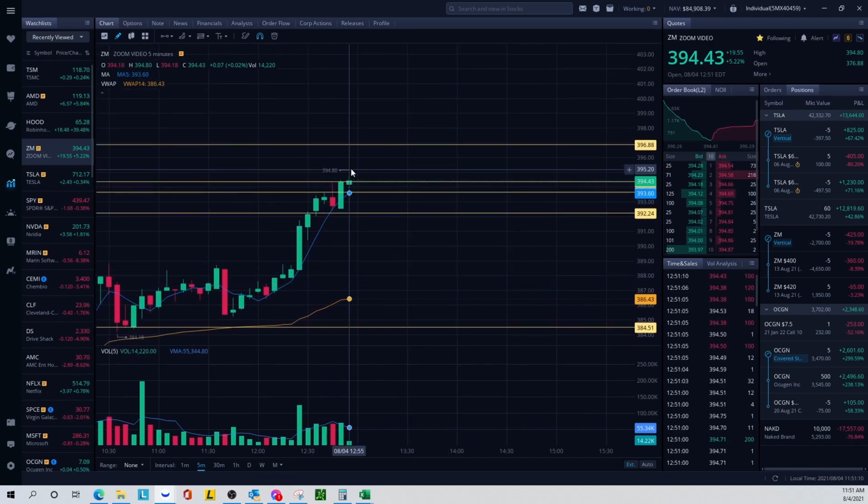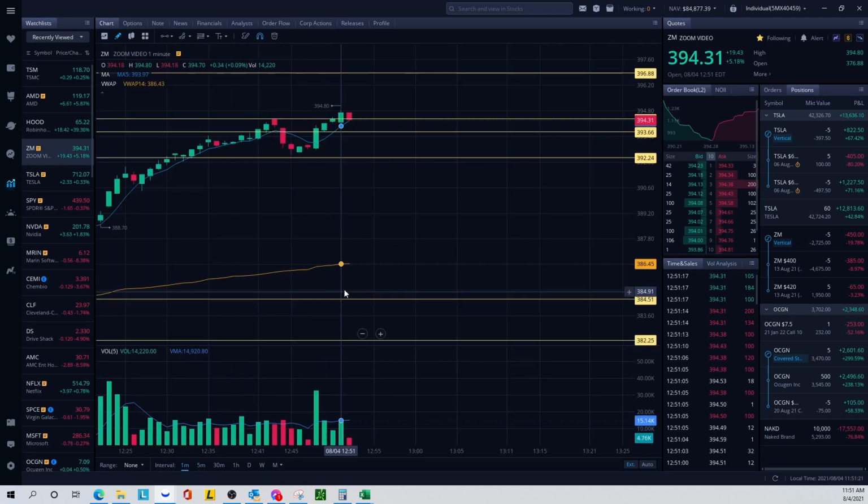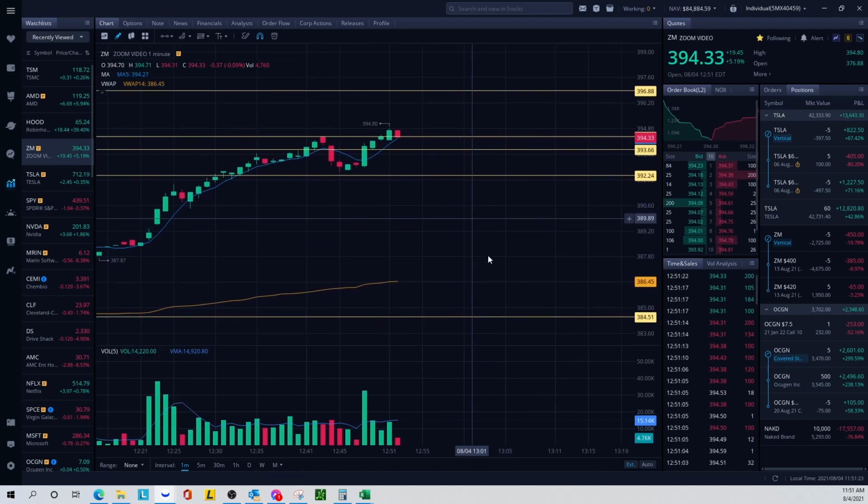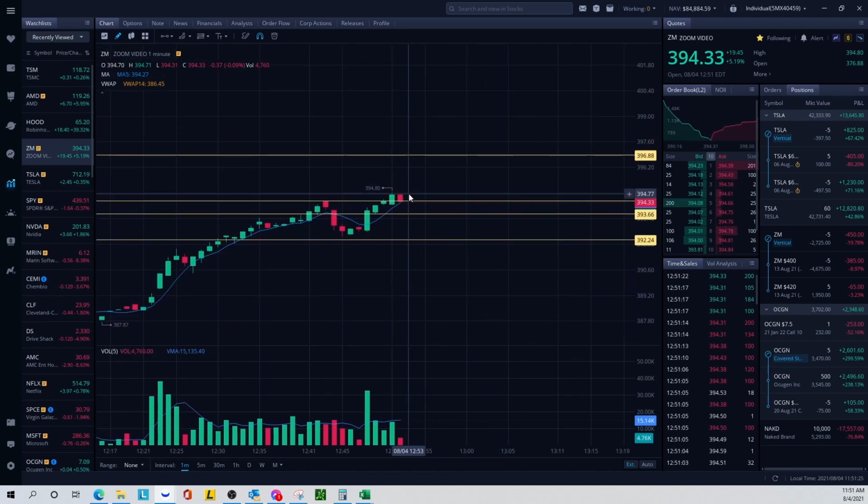So on this new candle, it tried to break that resistance level, pulled back a little bit. So we can probably see that better on the 1 minute candle. You can see that easier here. So it broke that resistance level. Then on the next 1 minute candle, you see a red candle and it's starting to fade a little bit.